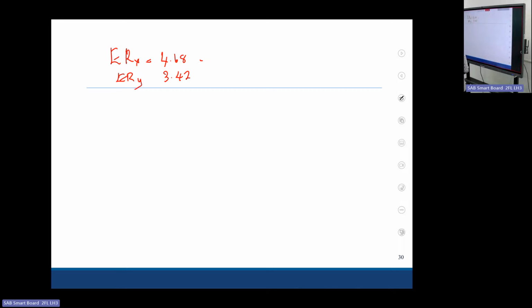Expected return of Y is 3.4. Now we are going to calculate covariance, right? So covariance between X and Y stock returns is equal to, I am applying that formula.